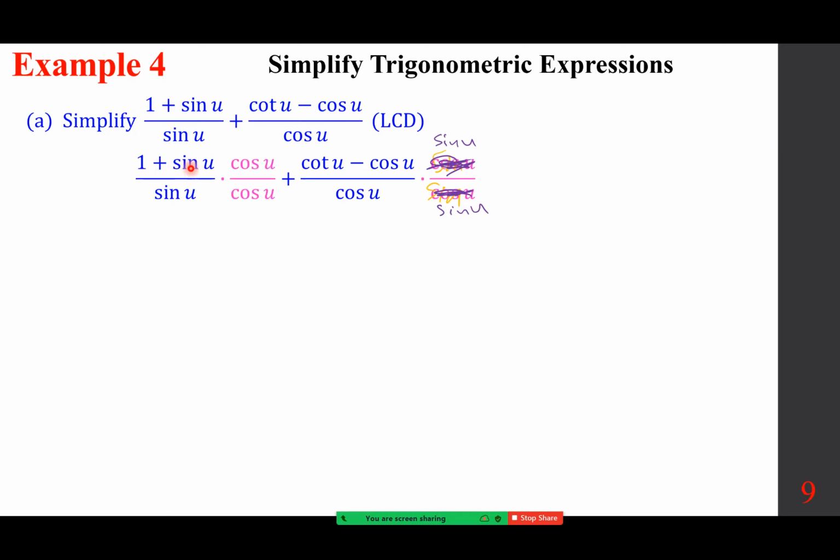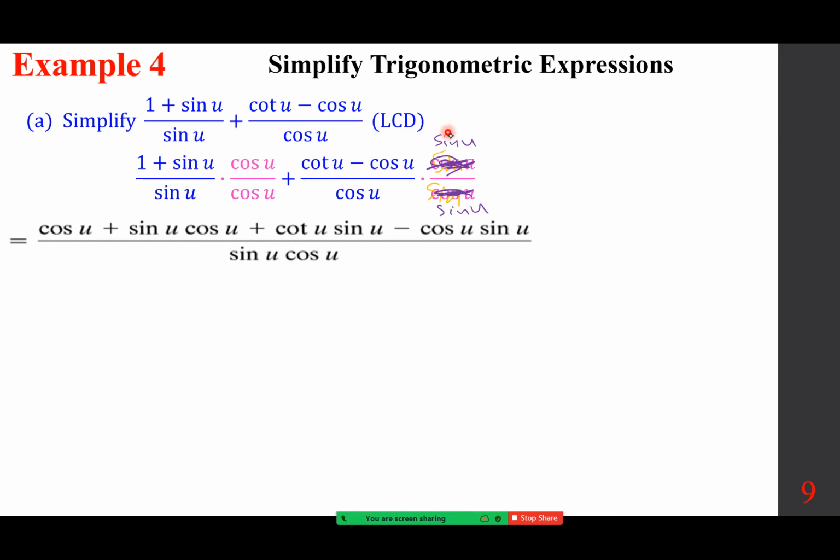This becomes 1 plus sine u times cosine u, which is cosine u plus sine u cosine u. This one is cotangent u times sine u minus cosine u sine u. And again, the denominator is simply sine u cosine u.